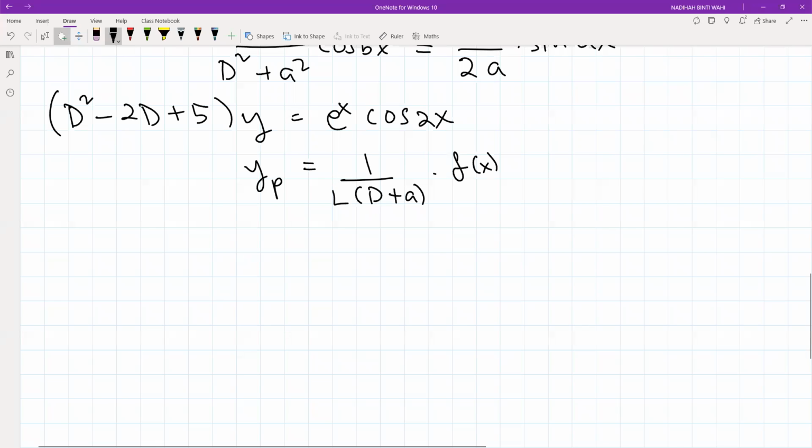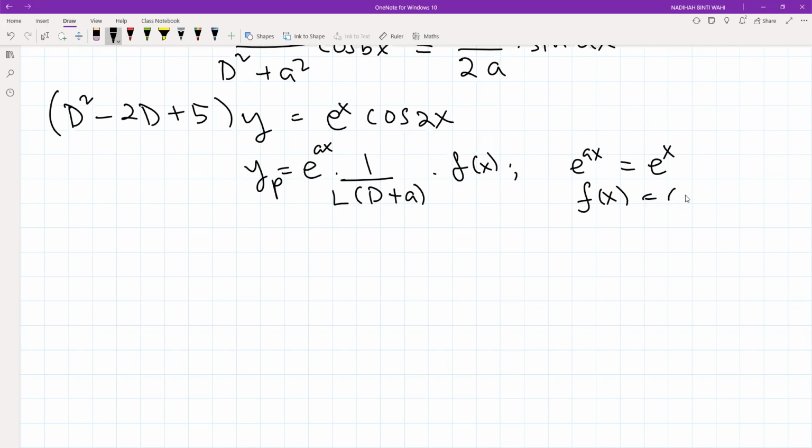So, kita lupa pula. Tinggal kat sini sama dengan e to the ax. Okay. So e to the ax, so e to the ax is just e to the x. And then fx sama dengan cosine of 2x.